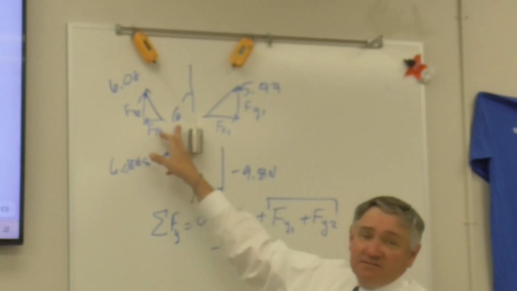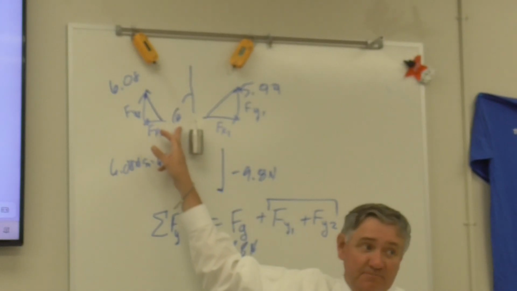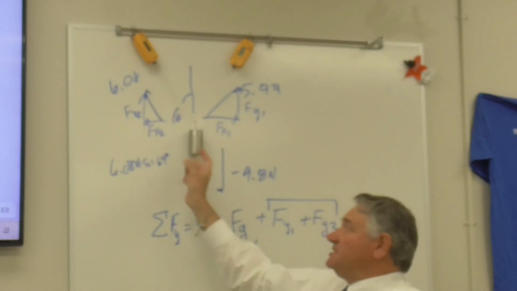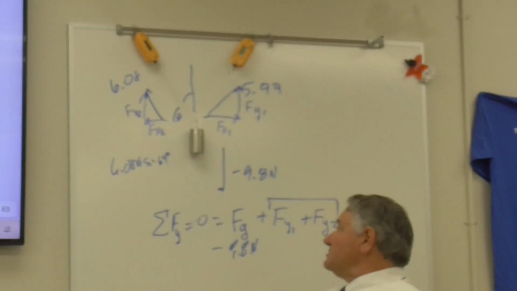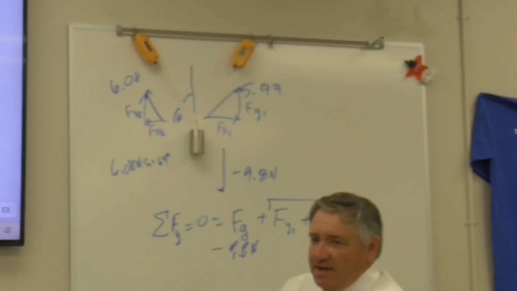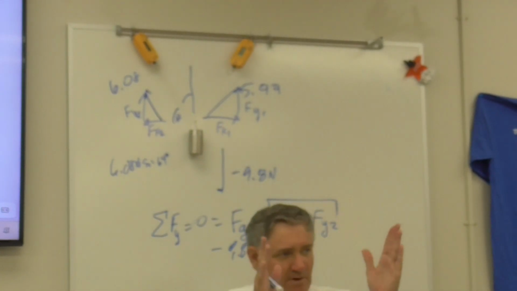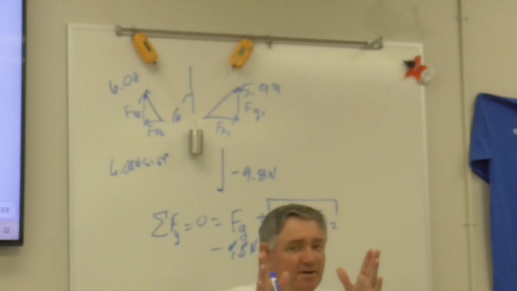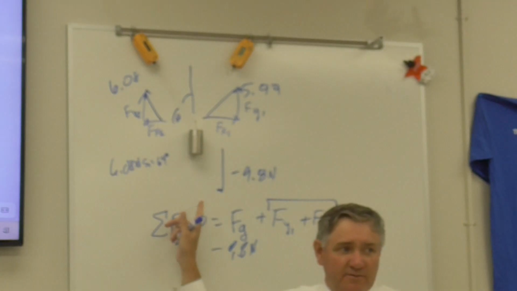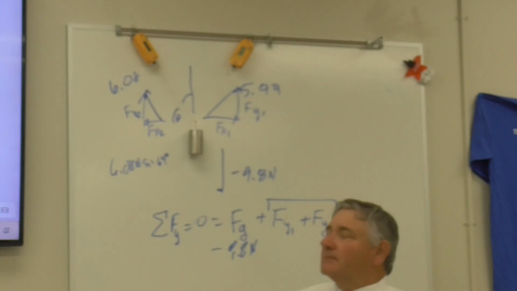Personally, I always like to work off of this angle out here because it's easier for me to see those x and y components. So using trig functions, you're going to find the two vertical components. In theory, they should add up to balance out the weight of the object.